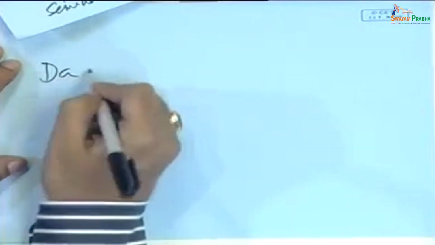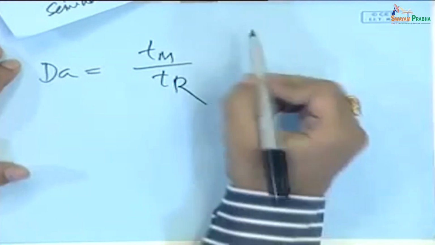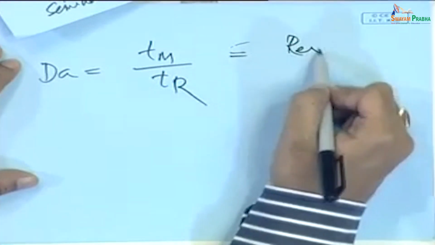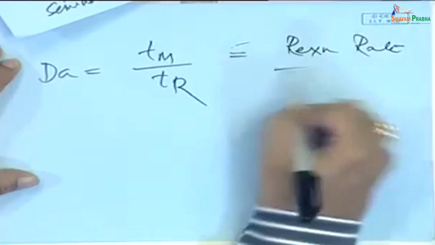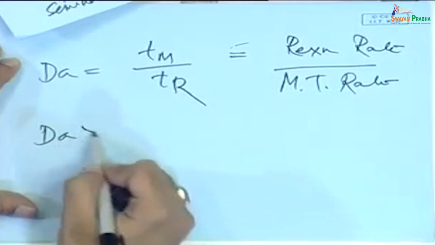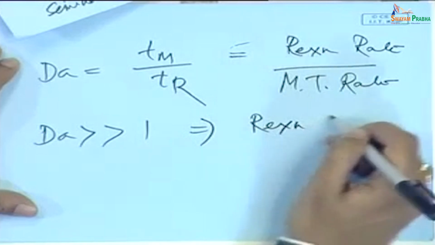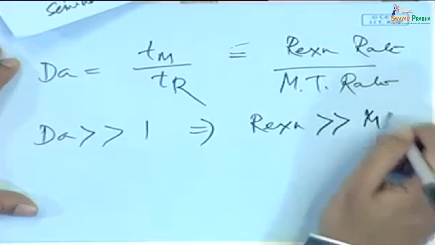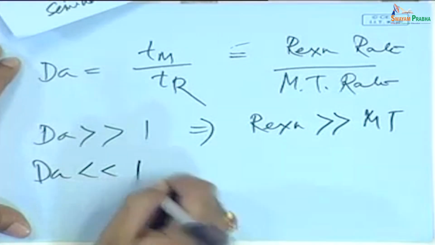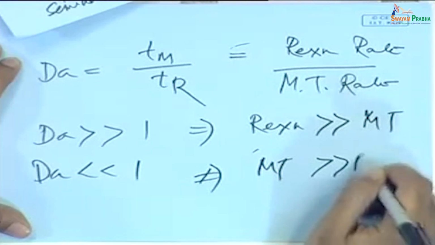So, Damkohler number equals mass transfer time over reaction time equals reaction rate over mass transfer rate. If my Damkohler number is much greater than 1, it means reaction is much faster than mass transfer. If it is much less than 1, it means mass transfer is much faster than reaction.